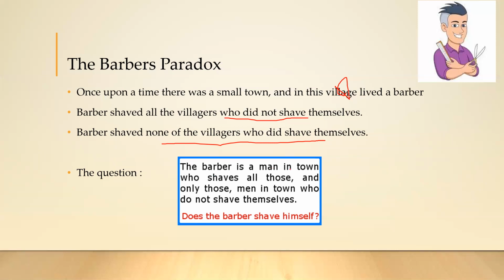The barber is a man in town who shaves all those and only those men in town who do not shave themselves. The condition is very clear. He shaves only the people who do not shave themselves. Now, the question in the barber's paradox is, does the barber shave himself?